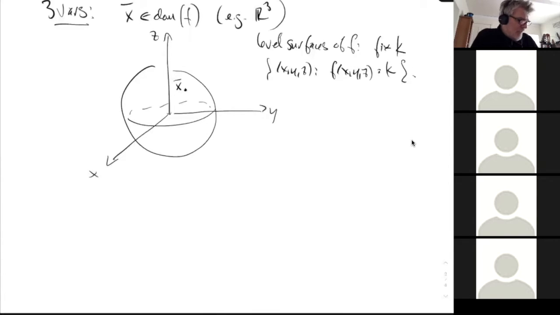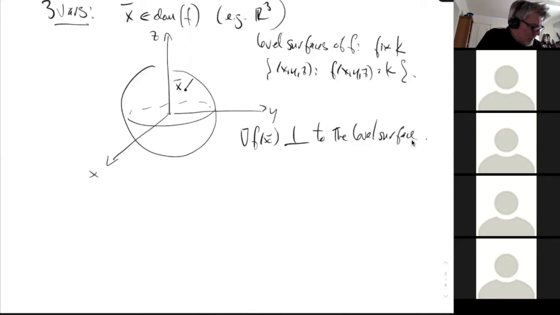Now the gradient of f at this point will be orthogonal to the level surface. So it would be pointing outwards, or maybe inwards, but okay.